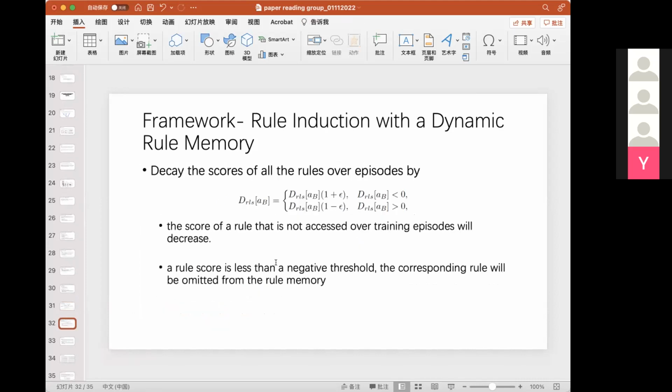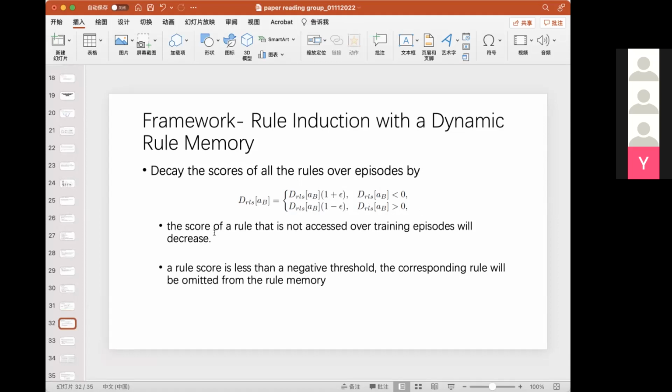During the learning, it will also decay the score of all rules over the episodes by using the following formulas. If the score of the rule is negative, then it will become more negative. If the score of the rule is positive, then its value will become smaller.